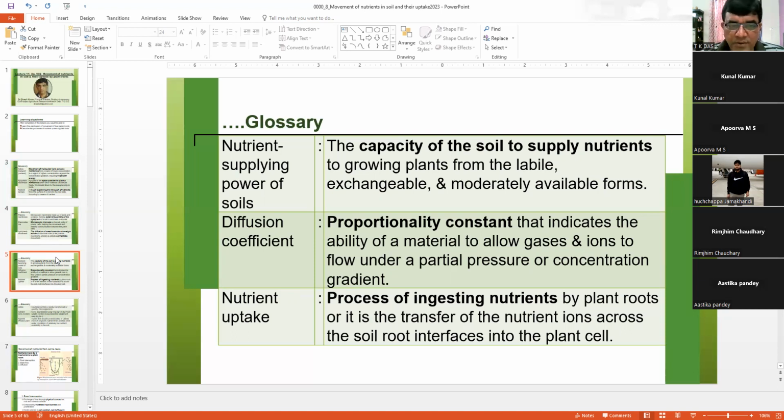Nutrient uptake is the process of ingesting. Ingesting means taking inside, the process of ingesting nutrients by plant roots, or the transfer of nutrient ions across the soil-root interface into the plant cell.